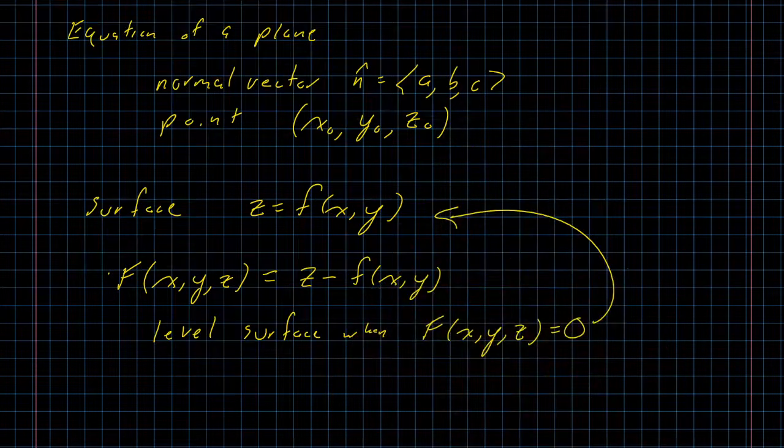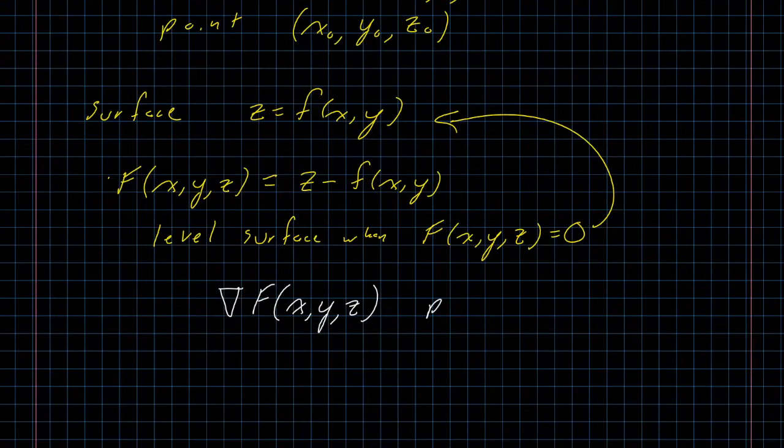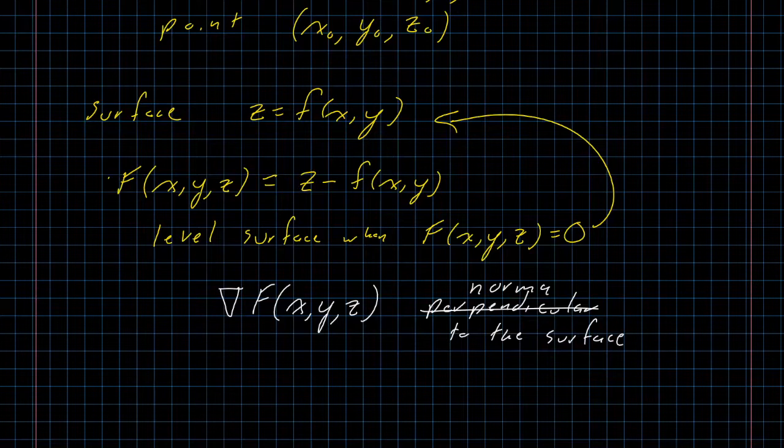If we find the gradient of our surface F of x, y, and z, we're going to have something that is moving perpendicularly to the surface, or when we're talking about surfaces, we tend to call it normal instead of perpendicular.